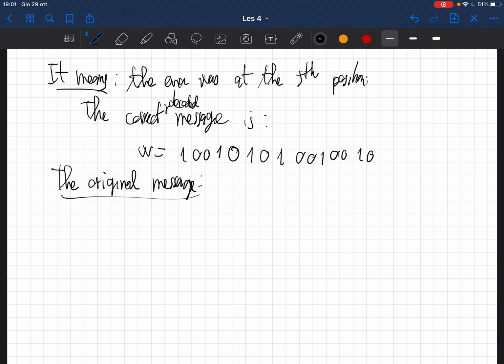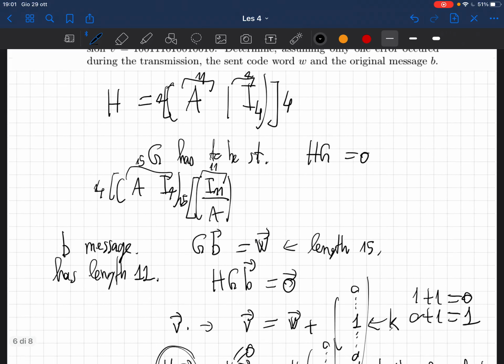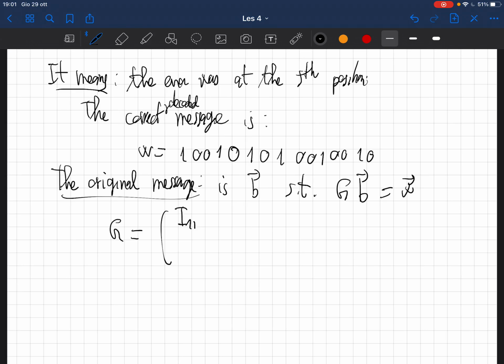The original message is this B such that GB is equal to W. In principle, we would have to solve a linear system, but fortunately, the way G is defined, it is like this. So it has I11 here and then something more here.